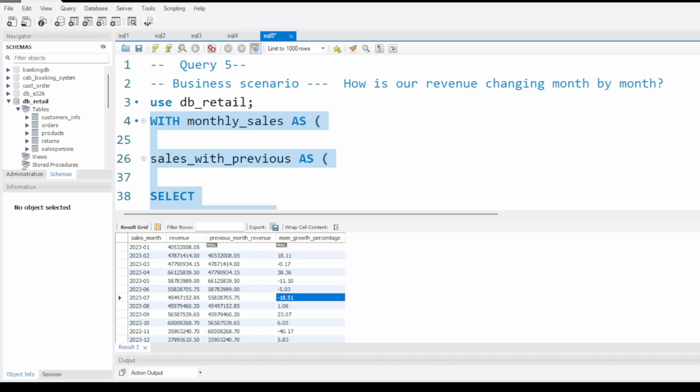Final takeaway, the key concept here is lag. It is very useful whenever we need to compare the current value with the previous value. This is why window functions like lag are important for data analyst interviews.